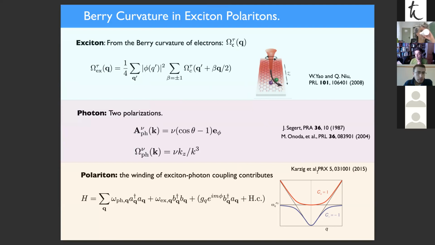But also in this paper, they show that even if you have two species that do not present any Berry curvature, if the coupling between them has some phase in it, some winding number in the phase, then you can have polaritons that have well-defined Chern numbers.